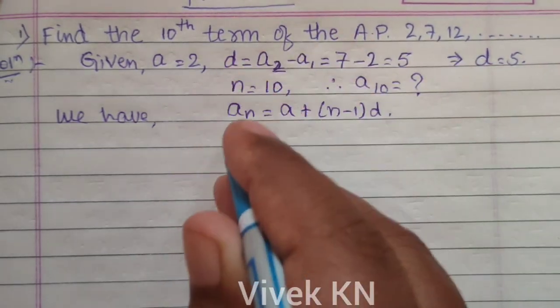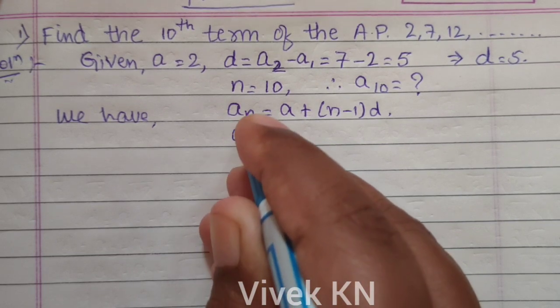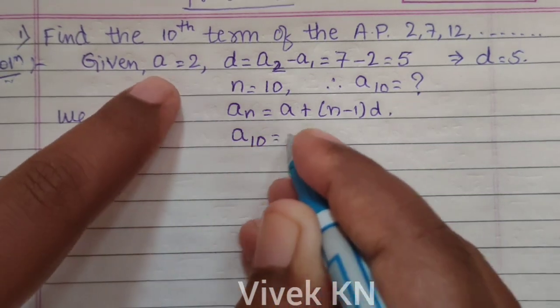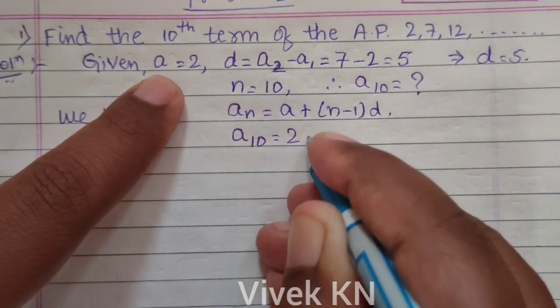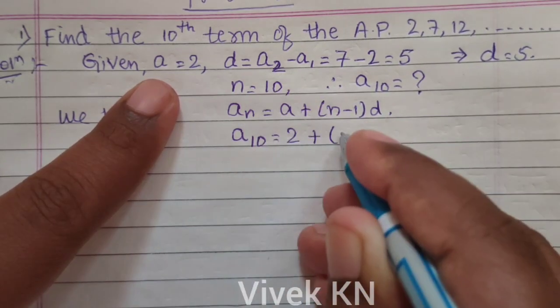Substituting these values into this formula, we get a10 is equal to a, which is 2, plus n, which is 10.